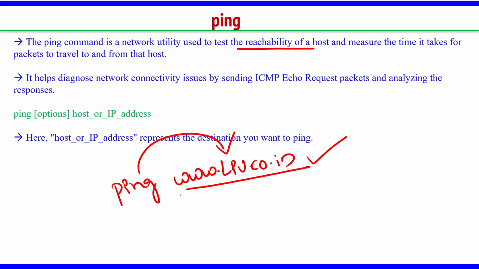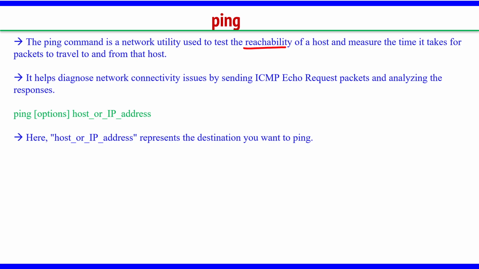We have a lot of options in ping. Ping is used to test the reachability of a host and measure the time it takes for packets to travel to and from that host.